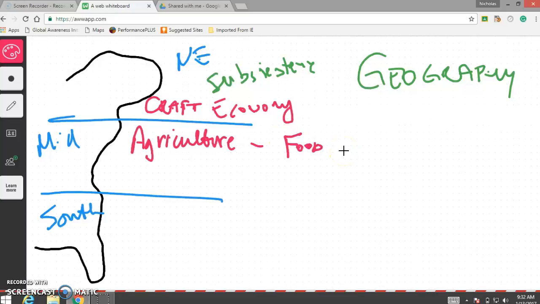So things like corn and apples and wheat, and these things that could be grown at large scales, but also consumed by somebody. And so we get agriculture for the purpose of food. The other thing we start to see develop in the middle colonies is big trading ports. And so shipping.